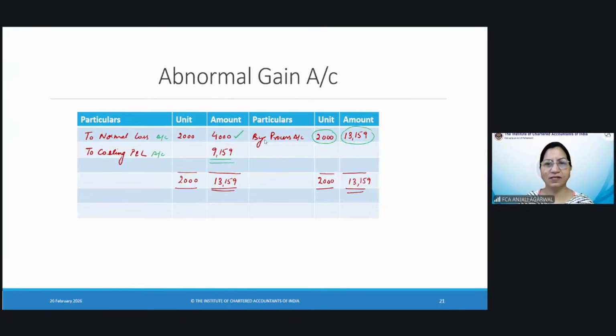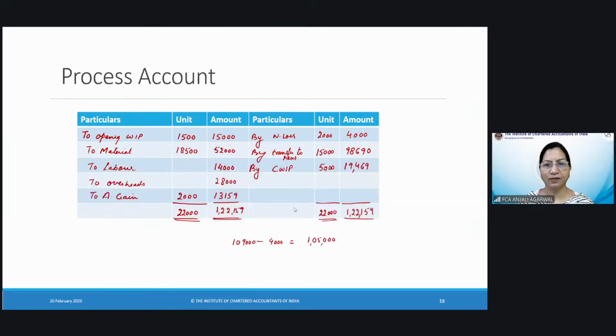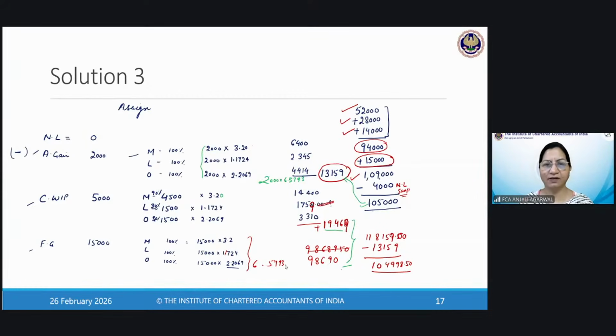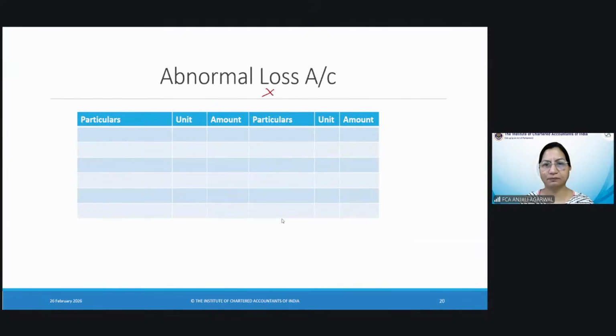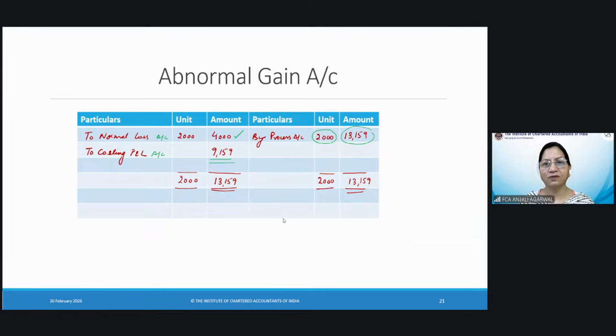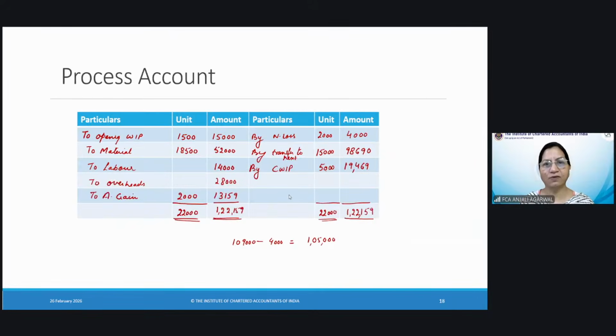Like we have just seen, the cost comes out to be 6.5793 for process 1. Similarly, it will move to process 2. There again, some expenditures will be incurred and the cost will increase. So we have seen here in the account, what is the entry? By transfer to next process, 15,000 units at 6 point something, which comes out to be 98,690, right?